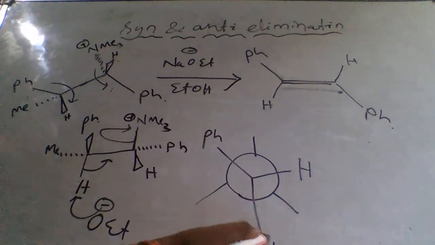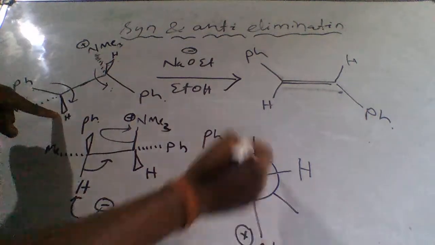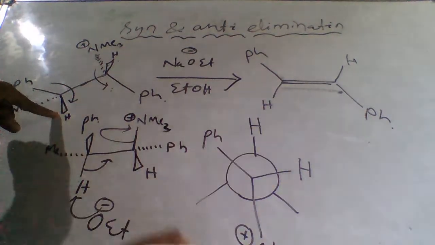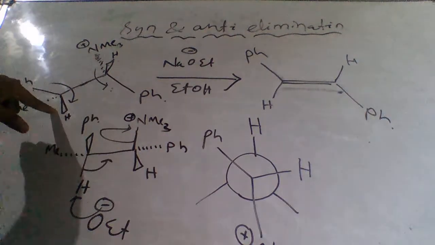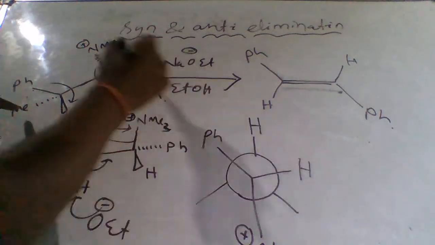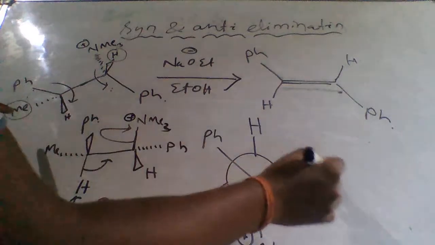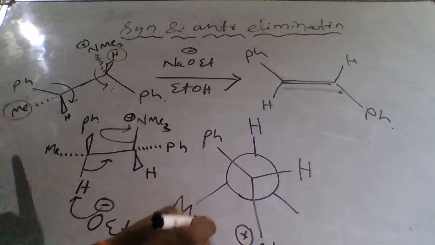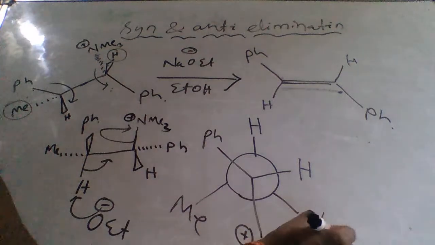NMe3 is opposite that hydrogen, and hydrogen is opposite methyl, and this hydrogen and this methyl are opposite, and hydrogen here, then methyl also here, and phenyl are opposite.